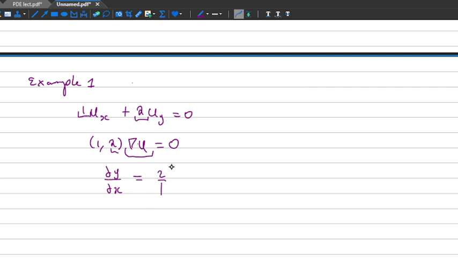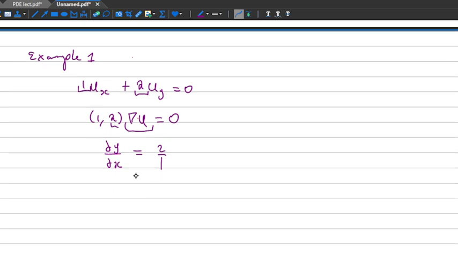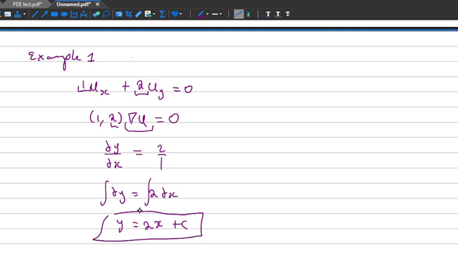This is separable, so we can write dy as 2 dx. Integrating both sides, we get y equals 2x plus c, and that is the solution to the PDE ux plus 2uy. This is technically an ODE. So that is the idea.